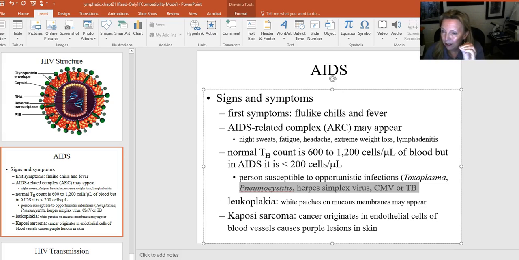It doesn't mean that they don't have HIV anymore. They do. It doesn't mean they're not contagious. They are. They would still need to protect others to not spread it. But the level is so low that it is not affecting the numbers of helper T cells, so their immune systems can stay strong.